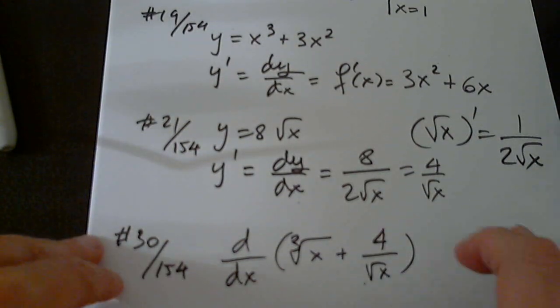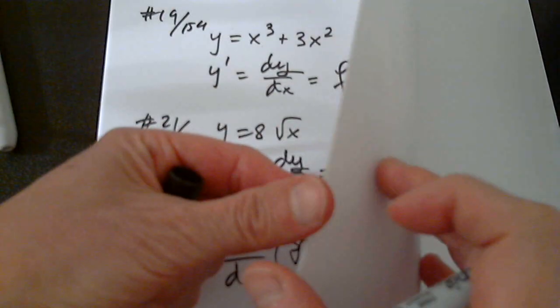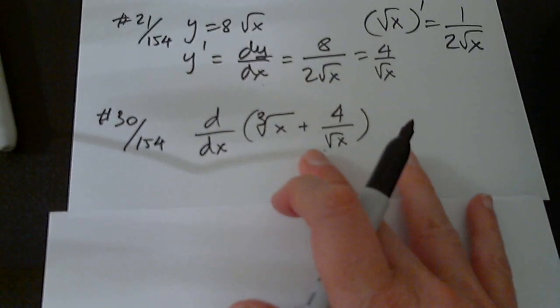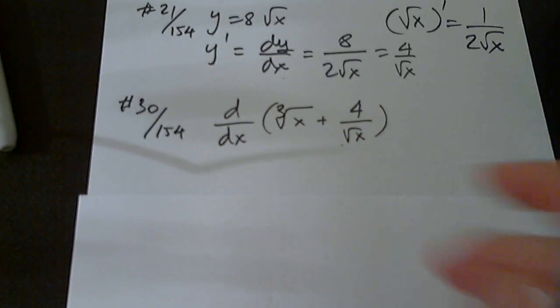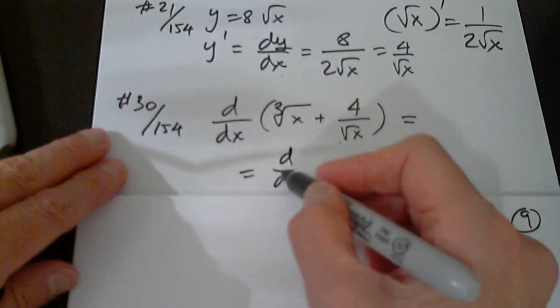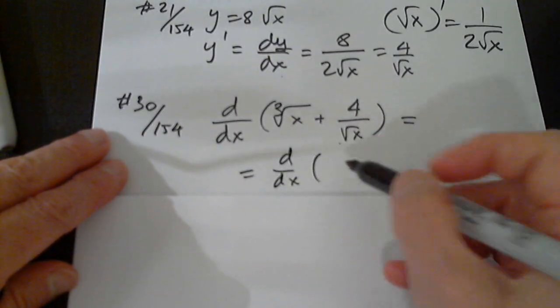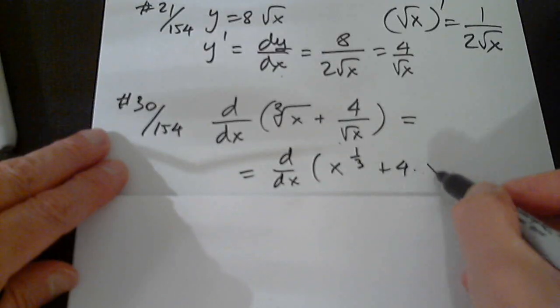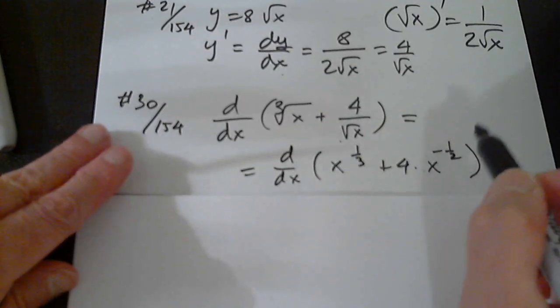Okay, so you said the derivative of the cube root of x plus 4 over the square root of x. Perfect. In this situation, I have to rearrange everything first. So d over dx, I will change this into x to 1/3, and I have to change this into x to negative 1/2.